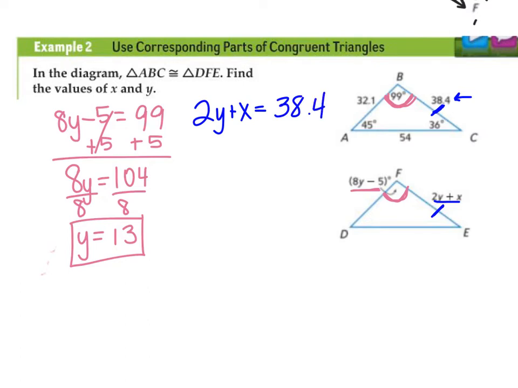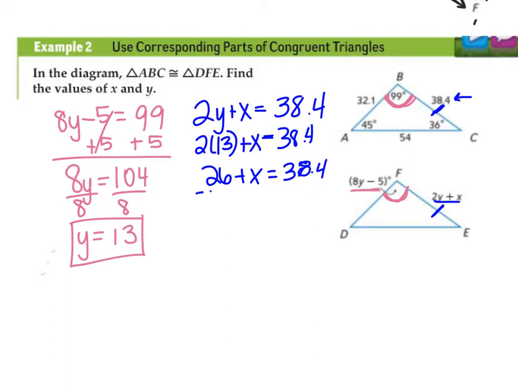We just determined that y is 13, so we substitute that in. 2 times 13 is 26. We're solving for x. When we subtract 26 from both sides, we are left with x equaling 12.4.